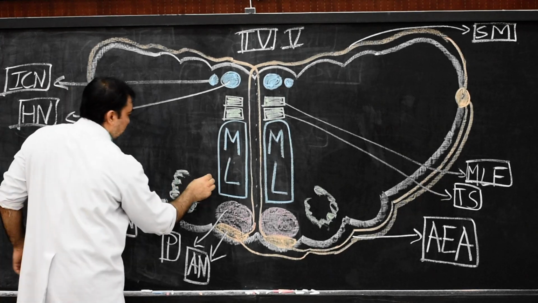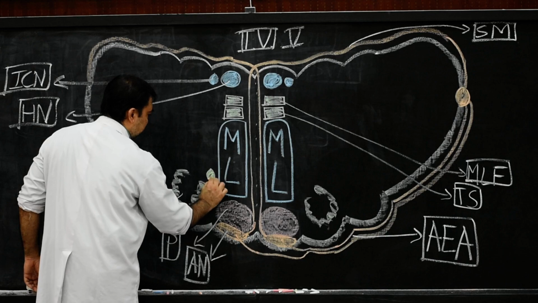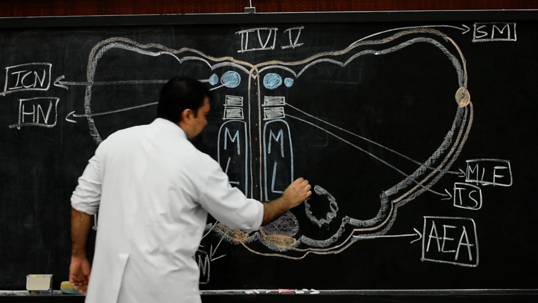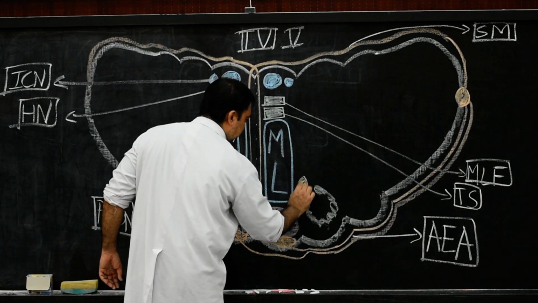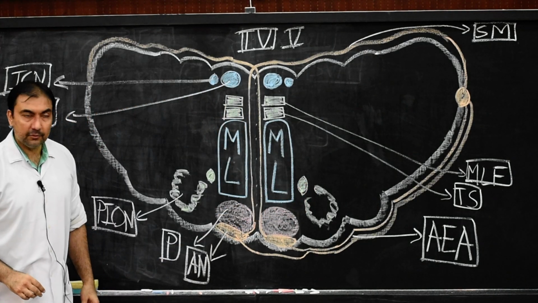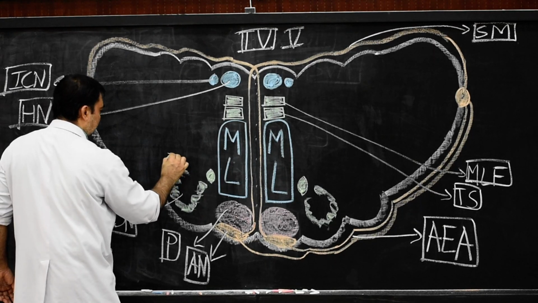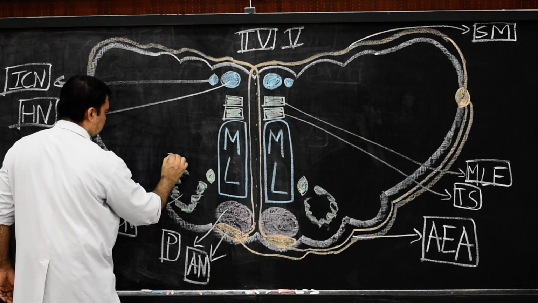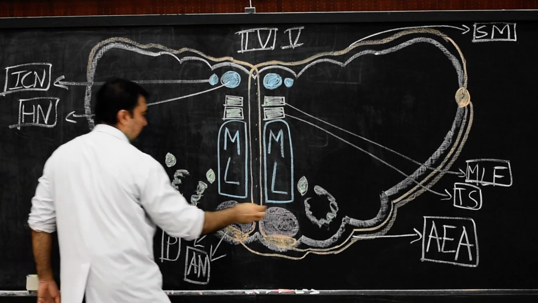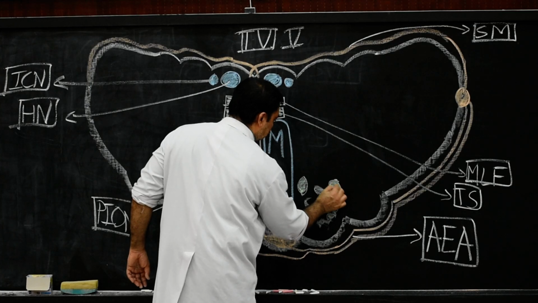Then one nucleus which is present medially, in between the principal inferior olivary nucleus and the medial lemniscus, you have to show this nucleus. This is the medial accessory olivary nucleus. And at this level, this will be the dorsal accessory olivary nucleus.